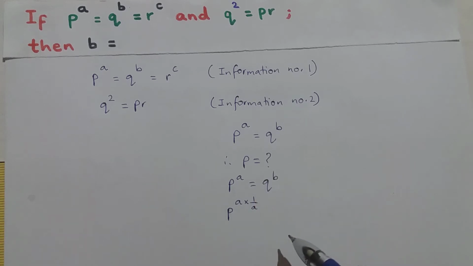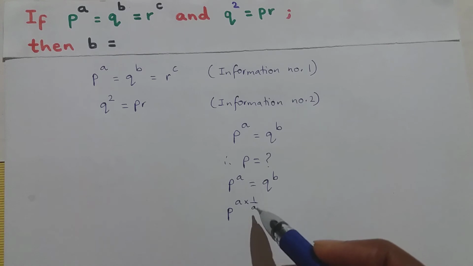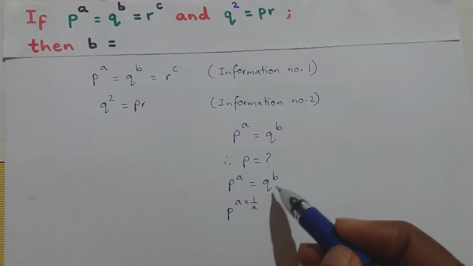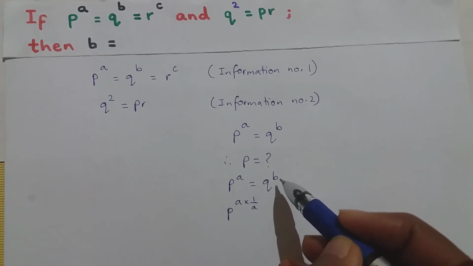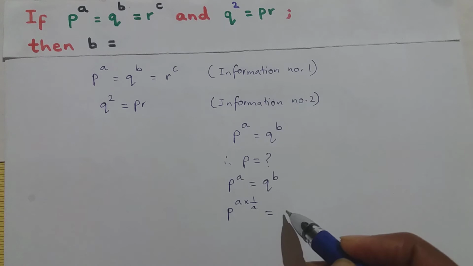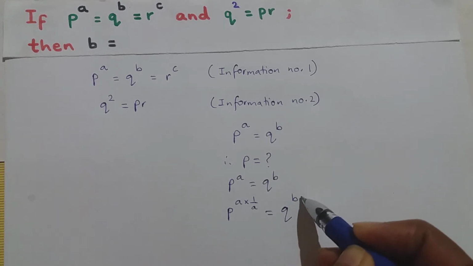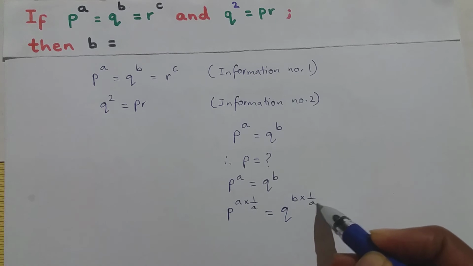So here on the left hand side of the equation, I am multiplying the power with 1 by a. So on the right hand side also I will multiply the power with 1 by a.